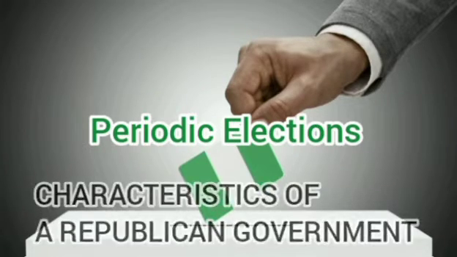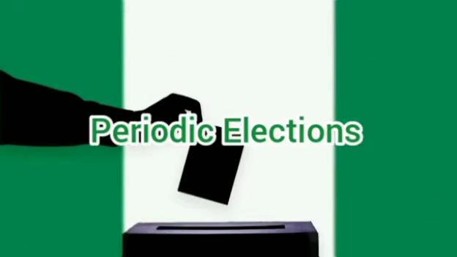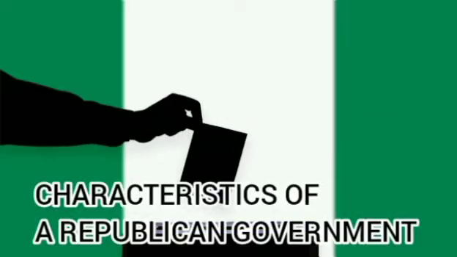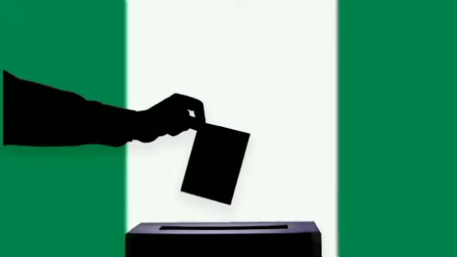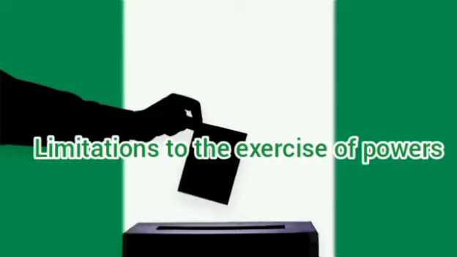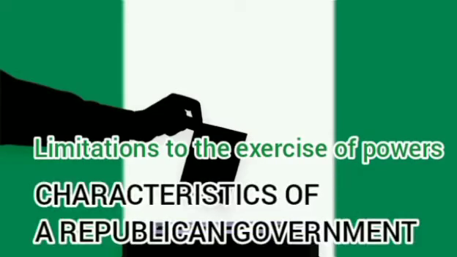You know, in Nigeria, it is every 4 years. That is when we carry out our election. The next characteristic of a republican government is limitations to the exercise of power.